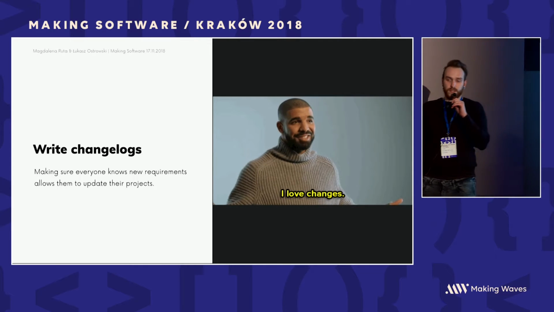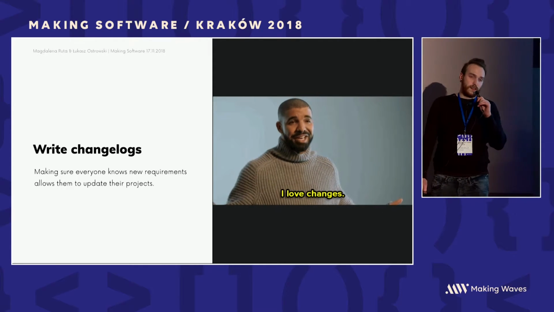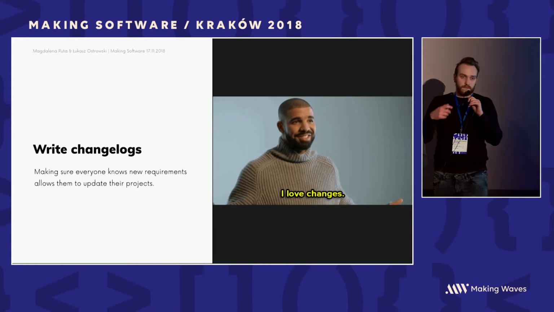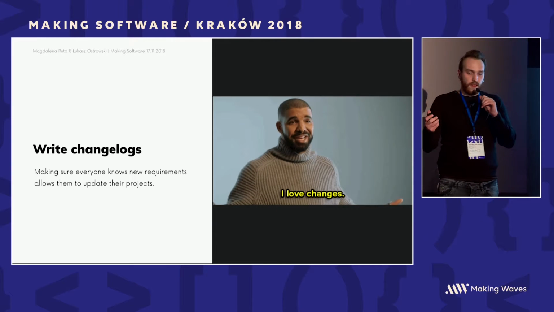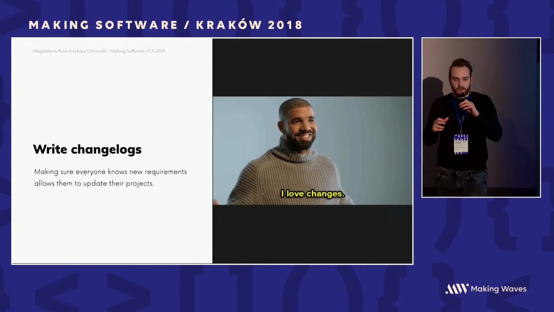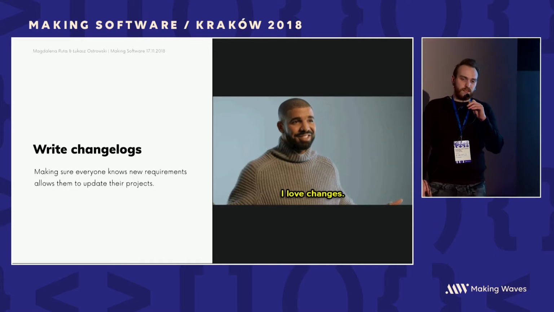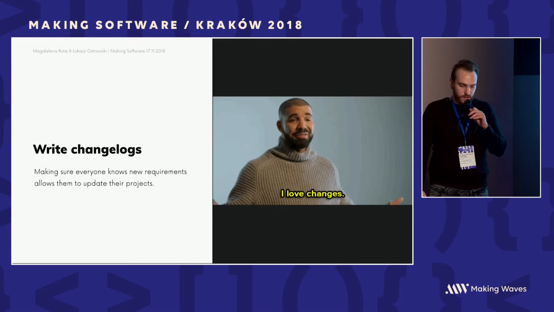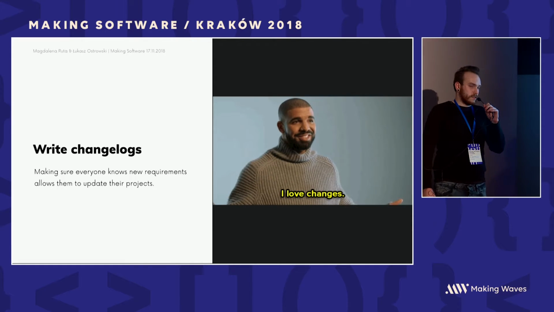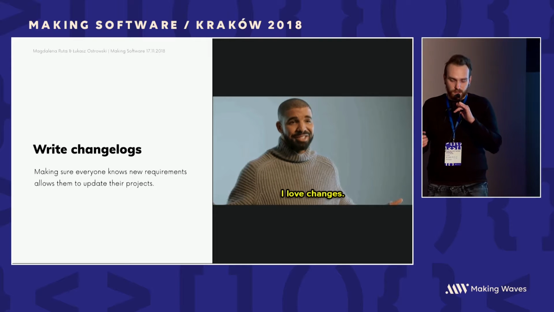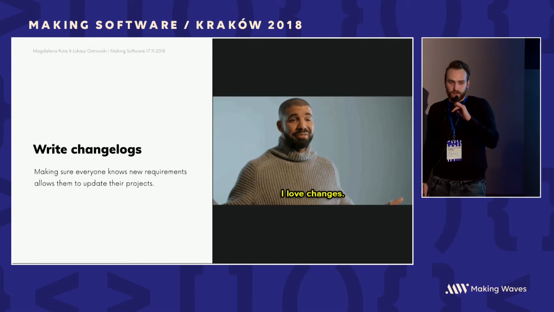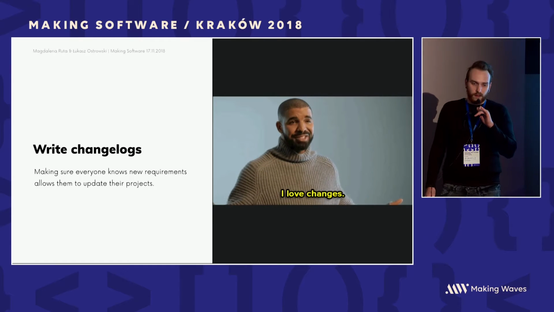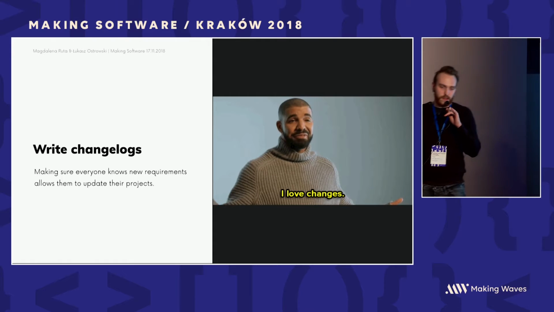All of us should be writing what was changed, and we should be sure that our project managers, for example, are aware of that, and they should document these changes. It's not like everyone should sit and write stuff in documents, but this process should be kept. And if your company doesn't keep it, maybe you should propose that someone write these changelogs.